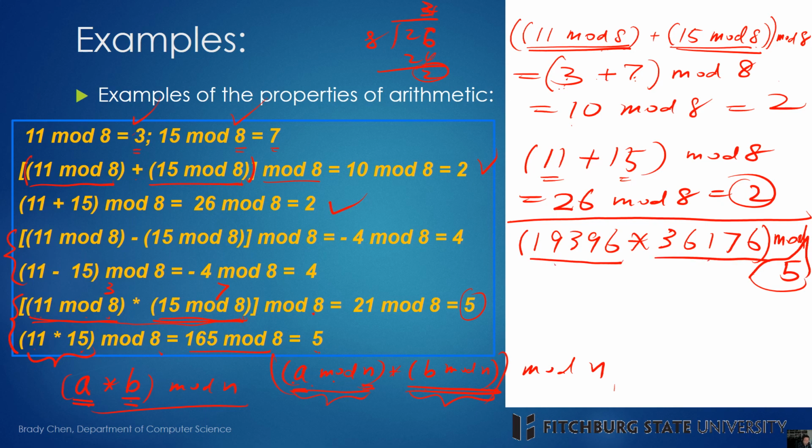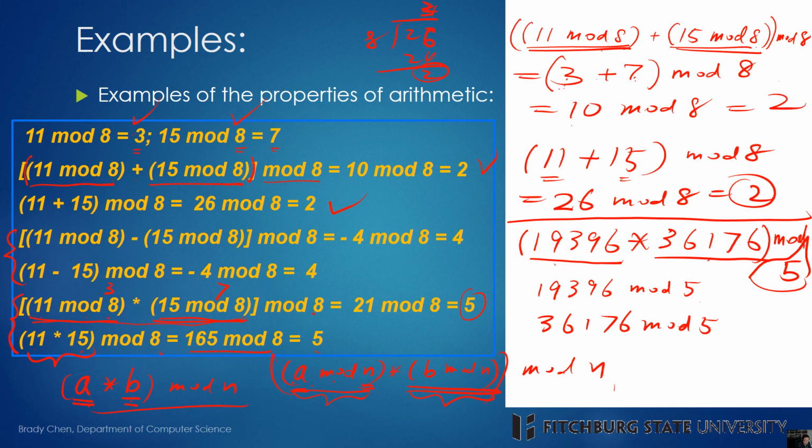Now, what about if I do 19396 mod n, mod phi first, and then 36176 mod n? So we can do the division.